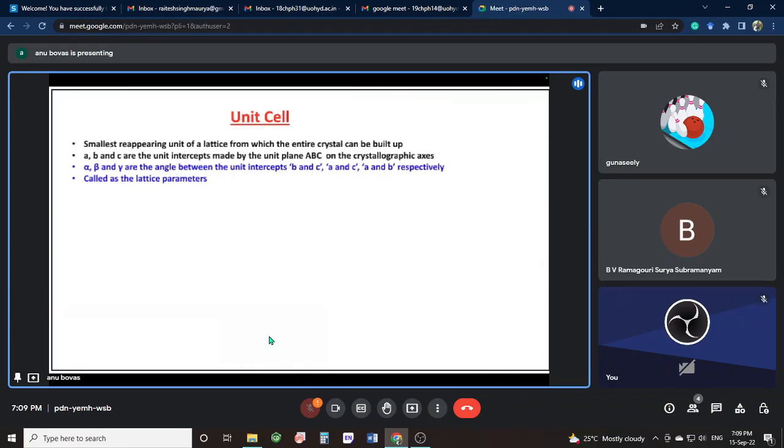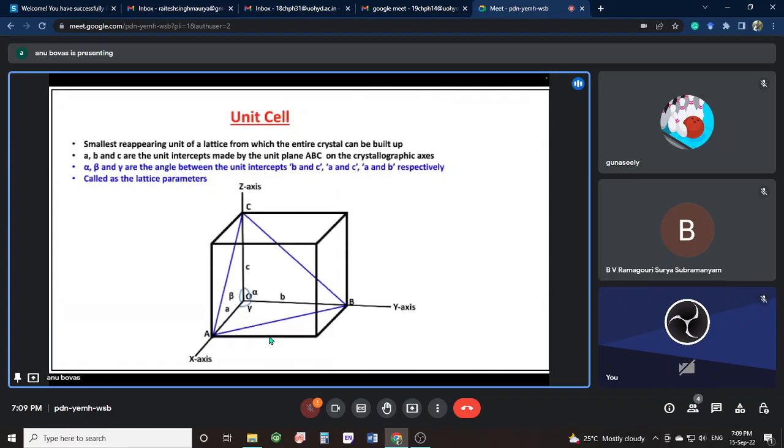So the first thing we should know is what is a unit cell. A unit cell is the smallest repeating unit of a lattice from which an entire crystal can be built up. So if this is the cube, we have x, y and z axes, and a, b, c are the unit intercepts made on the unit plane ABC on the crystallographic axes x, y and z respectively.